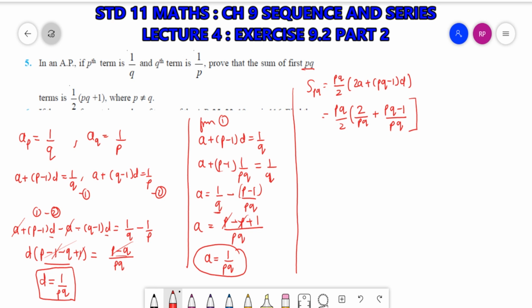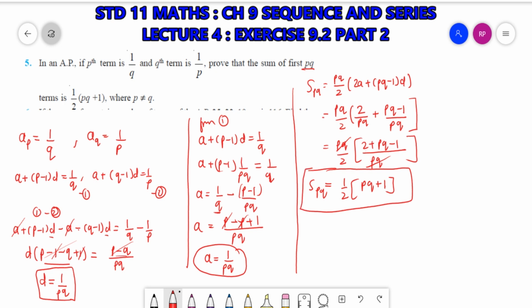Okay, clear? So PQ by 2, LCM will be PQ, it will be 2 plus PQ minus 1. PQ gets cancelled. So the answer will be 1 by 2 (PQ plus 1). Hence we have proved that the sum of the first PQ terms will be equal to 1 by 2 into (PQ plus 1).